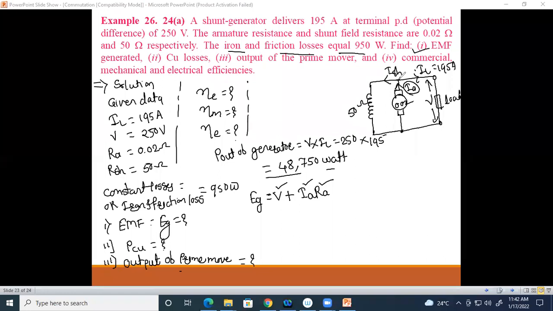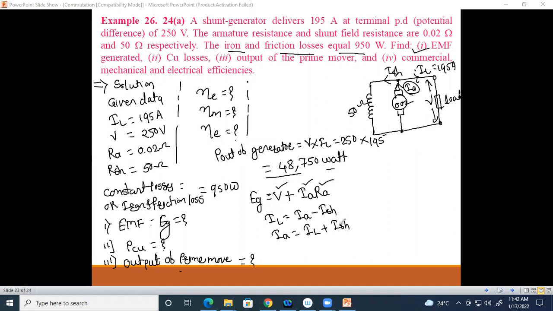If we use the KCL equation, IL is equal to IA minus ISH, or IA is equal to IL plus ISH. We have the value of IL, the load current.